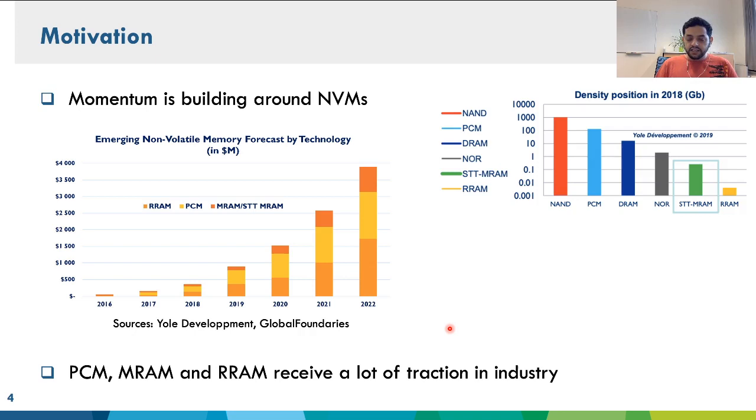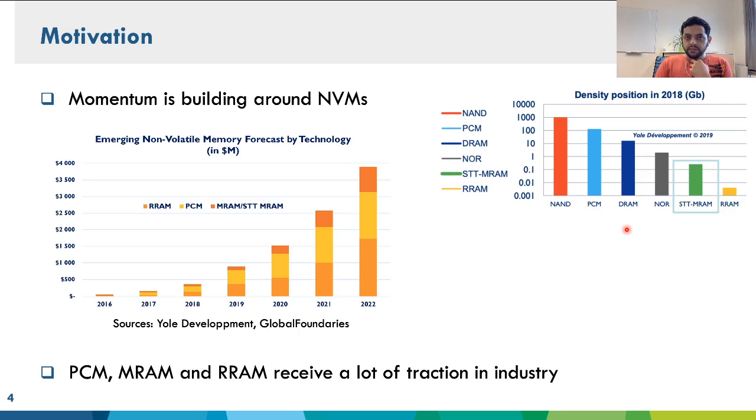If we talk about the capacity of the currently available memory technologies, I'm presenting the statistics from 2018, which shows that phase change memory has already surpassed DRAM and NAND flash in terms of capacity, and STT RAM, which is the spin transfer torque magnetic RAM, and resistive RAM are also catching up.